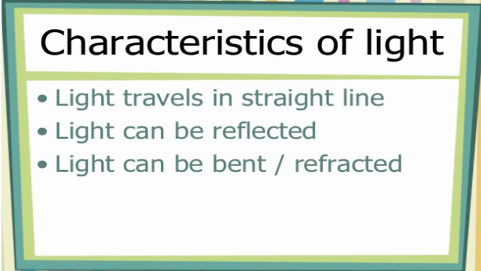Look, here is the sunlight, the rays or the beams, and you notice that they are straight. The characteristic of light is to travel in a straight line. It always travels in a straight line. It can be reflected or bent.